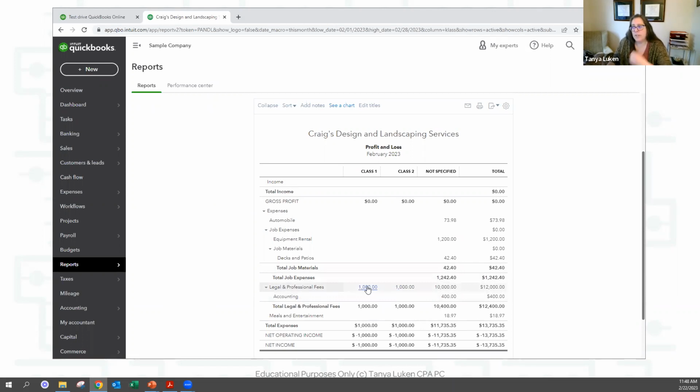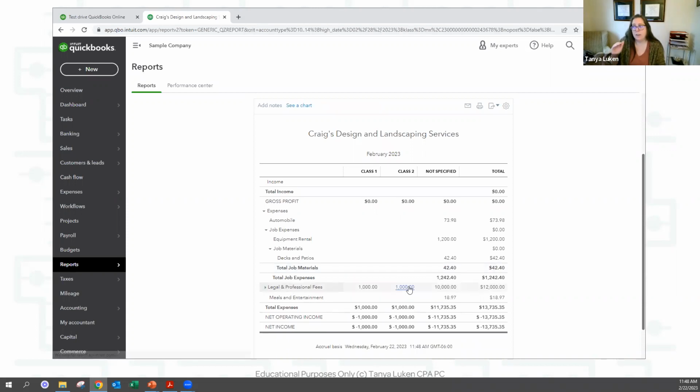Keep that in mind, because you can filter all your reports by classes and by location, but your location attaches to the dollar amount of the entire transaction. Whereas a class, you can assign to individual line items within the transaction. I can still assign the same class.